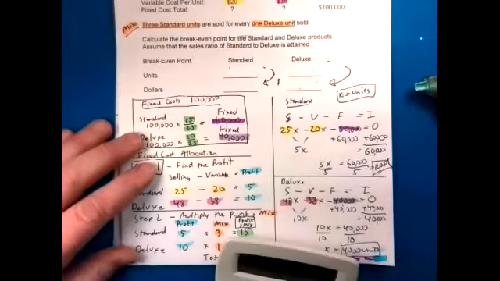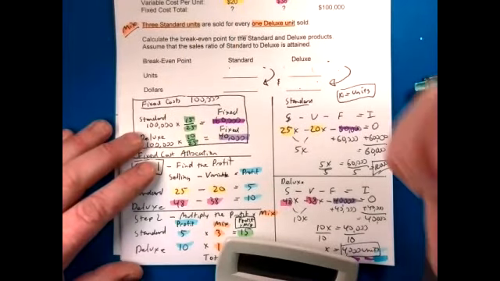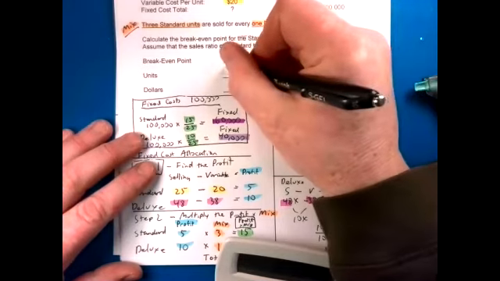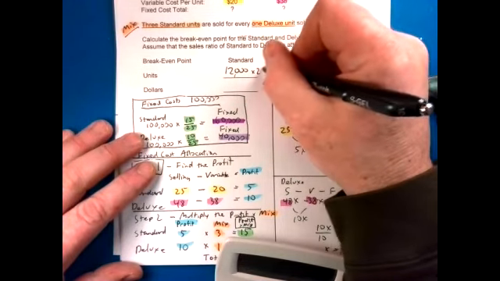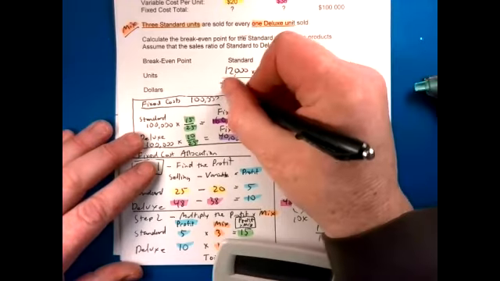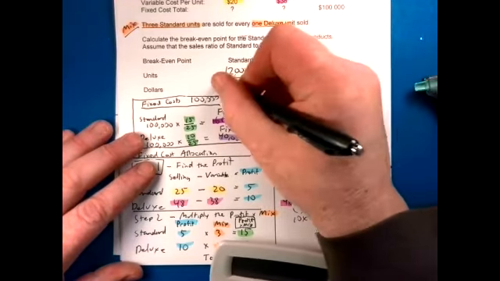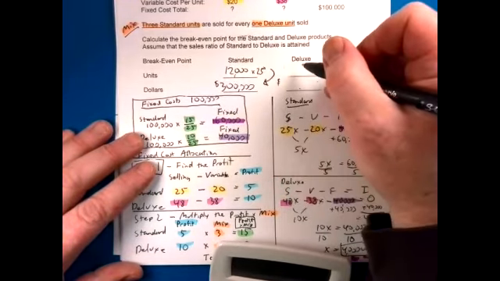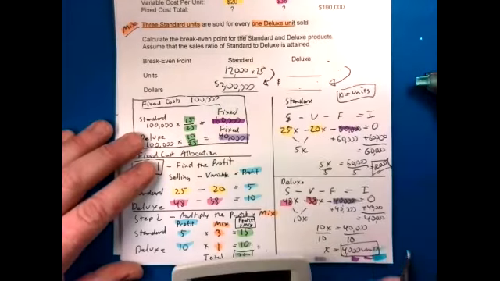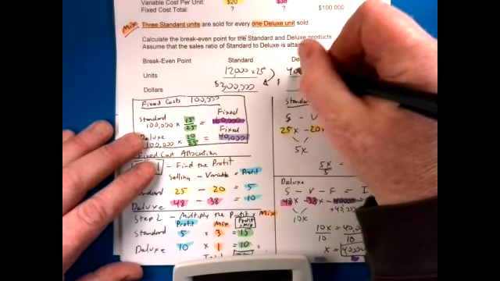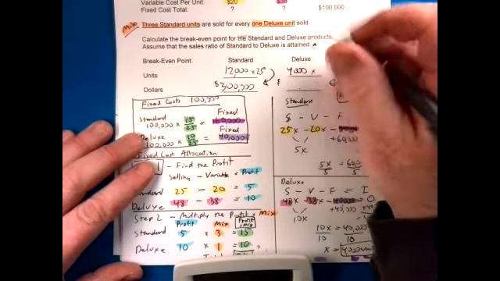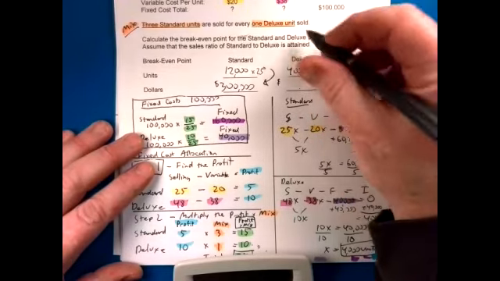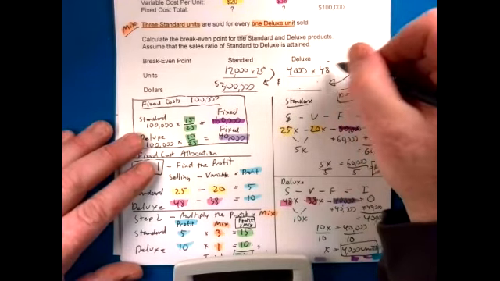Okay, I'm sorry. The standard was 12,000 times 25. The deluxe was 4,000 times 48.